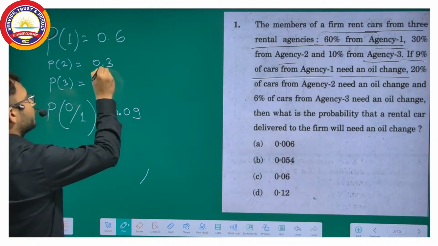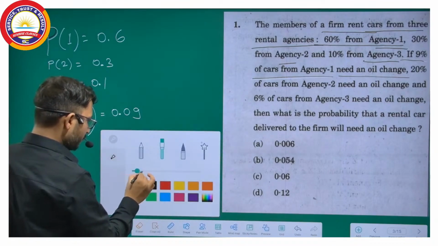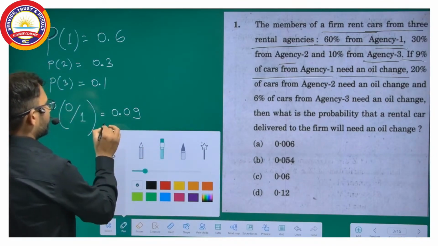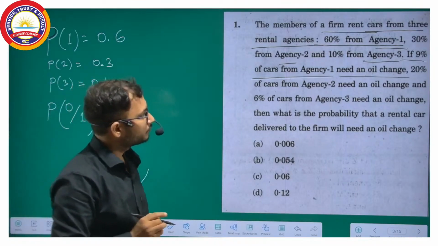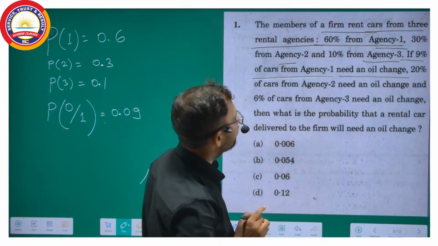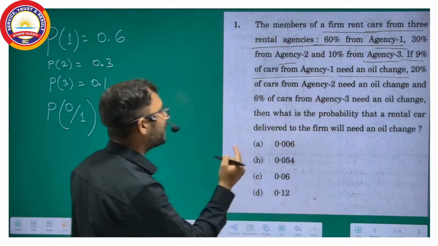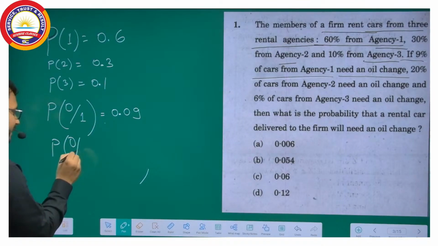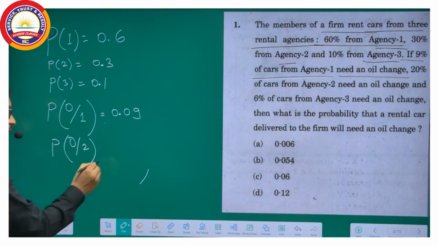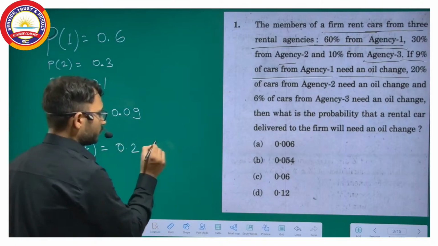Yes, and what next it says, 20% of cars from agency 2 need an oil change, that means probability of oil change given agency 2 is 20%, that means 0.2.